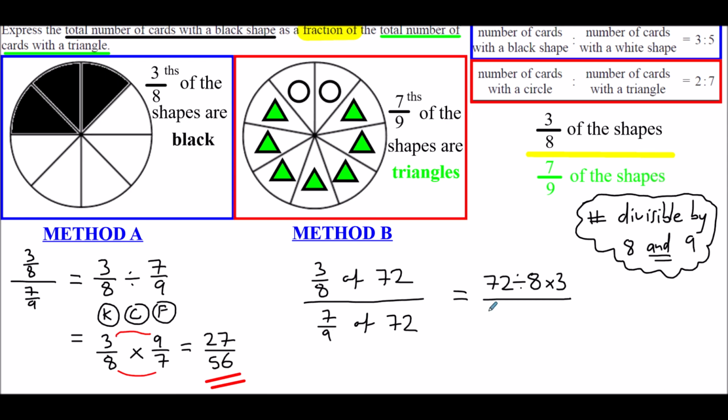Likewise here, to find 1/9 of a number, we'd divide the 72 by 9, but because we want 7/9, we then multiply it by 7 after. So 72 divided by 8 is 9, times it by 3 is 27, then 72 divided by 9 is 8, and then 8 times 7 is 56. So we get the same answer, just using a slightly different method, but either way round we get 27/56.